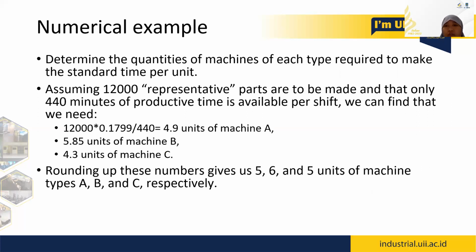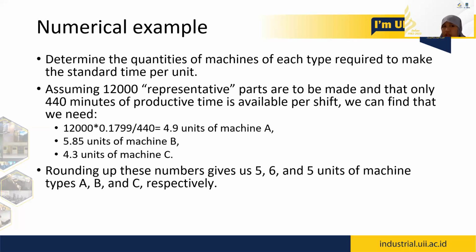If we already know the demand, we can try to find out how much each machine is going to need. So for example, in this case, the demand, the product that needs to be made, is 12,000, and because we have 8 hours of working, in each hour you only have 55 minutes of efficient time.